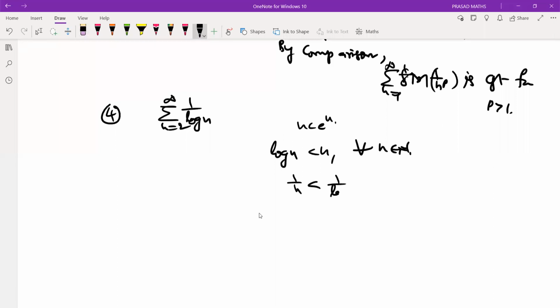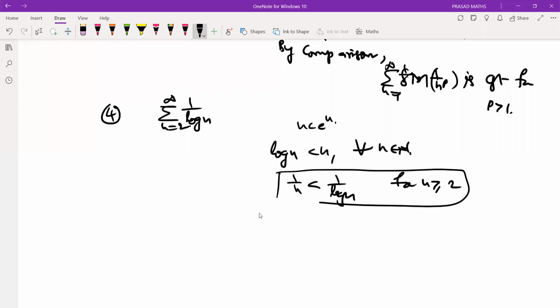This inequality is true for n bigger than or equal to 2, because for n equals 1 there is a problem with log 1. As you know, this series is divergent by the p-test, here p equals 1, this is divergent. Therefore this is divergent.